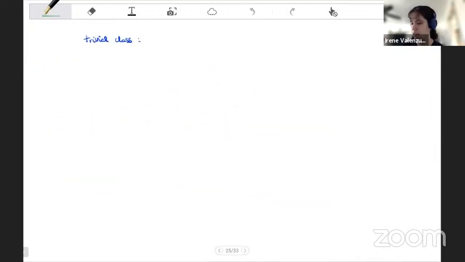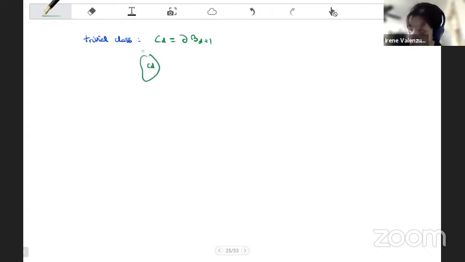Okay, so let me make a last comment about this cobordism and then we will finish this. I was asked also how this is a group. In order to be a group, it's also important to know that you have this trivial class. In this case, the trivial class is when a manifold is a boundary by itself. So if I have this compact manifold, I can shrink it to a point.